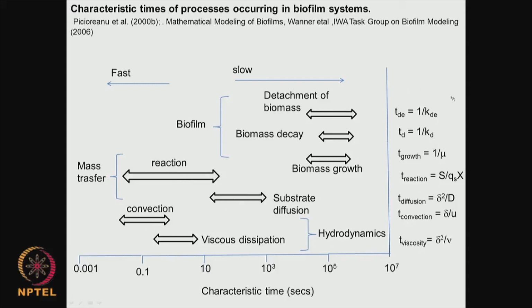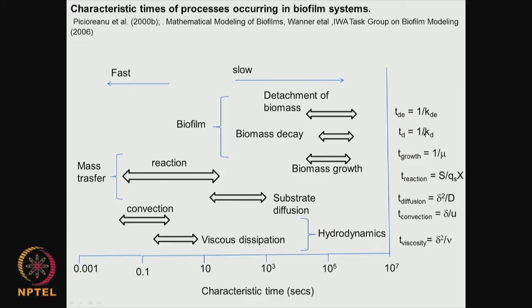Now, if you look at the biomass growth, that is reaction, substrate utilization, and then biomass decay, biomass detachment. The reaction happens because of the presence of substrate, because of the biomass. That is the characteristic reaction time. The growth time is 1 by mu, where mu is the monod term.